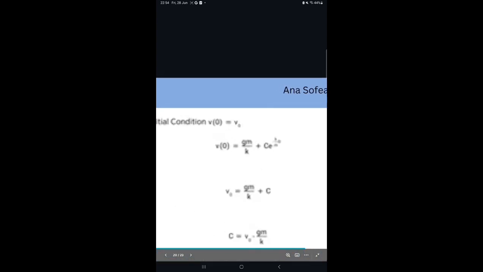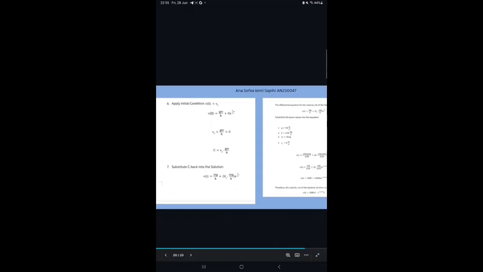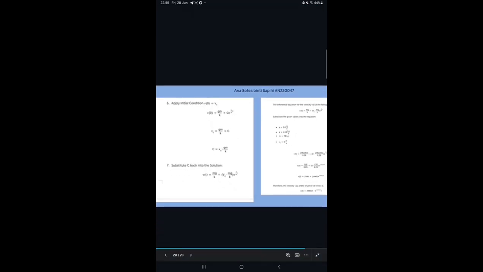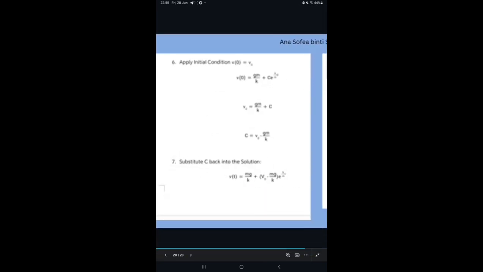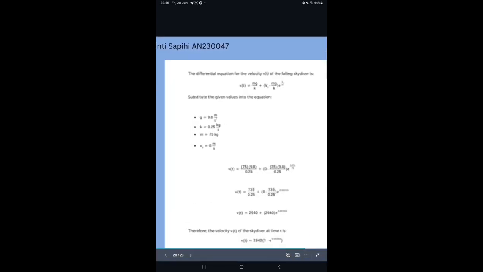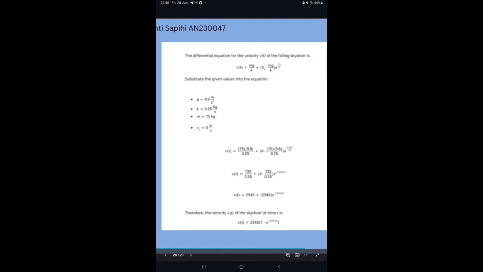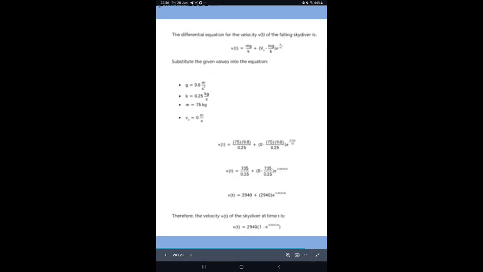So we have c equals v naught minus gm over k, and then we substitute c back into the solution, which is v(t) equals mg over k plus (v naught minus mg over k) e to the power of negative k over m t. Then we substitute the given values from the first slide, and the final answer we get is v(t) equals 2940 (1 minus e to the power of negative 0.00333t). So that is our final answer.